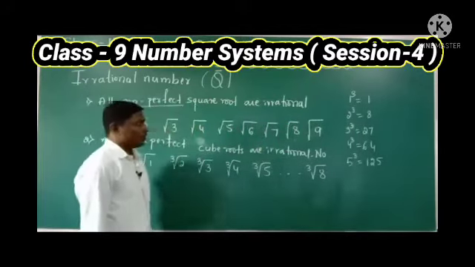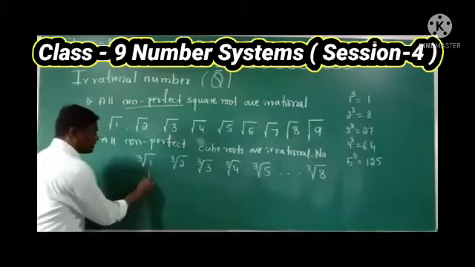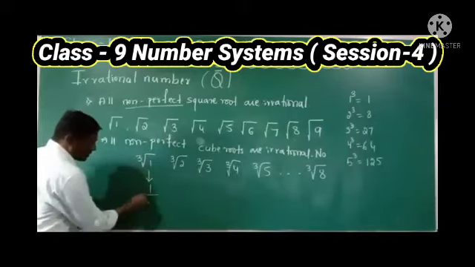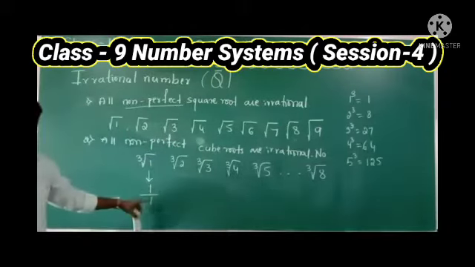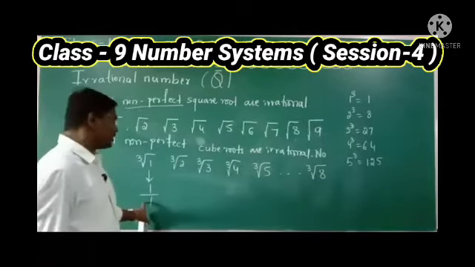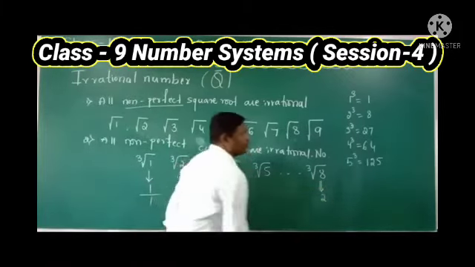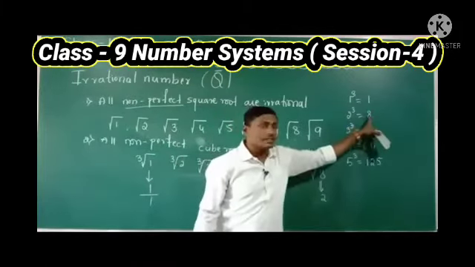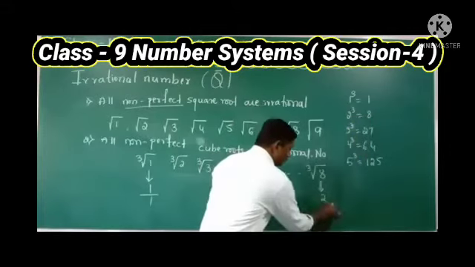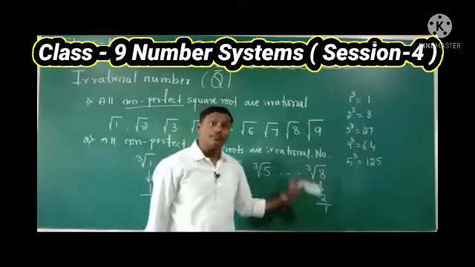Okay, so other than these numbers, here cube root of 1 is 1, and we can represent it in the form of a rational number, 1 by 1, because we already know that the denominator of any whole number is always 1. Cube root of 8 is 2, right? So 2 by 1, it is in the form of a rational number.